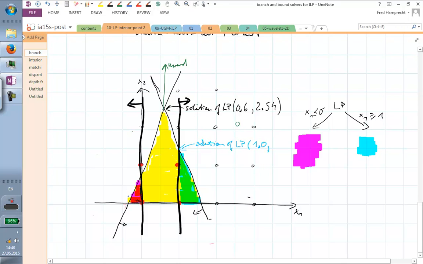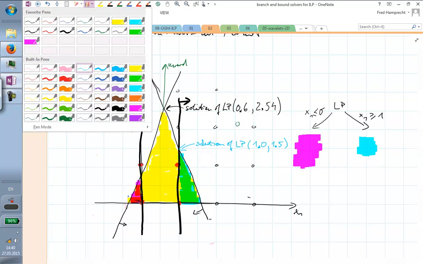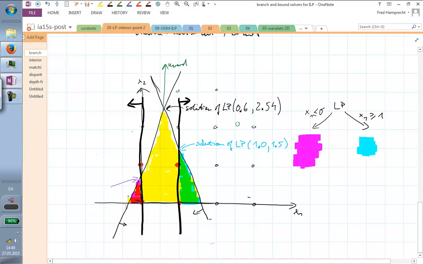So it's already integral in the x direction, but not yet in the y direction. And in the other direction, it is perhaps, I don't know, 1.5 or something. And I also get a solution of the other LP with x coordinate 0. So again, this is integral, and y is perhaps 0.7.